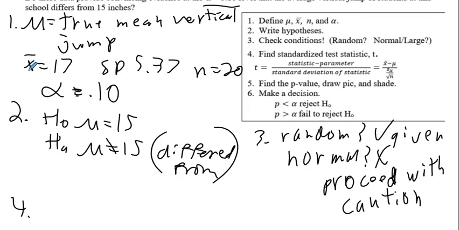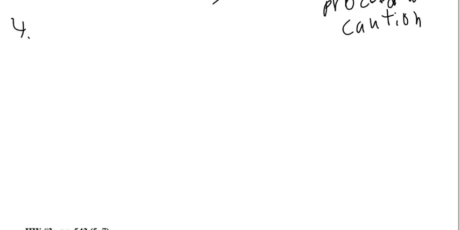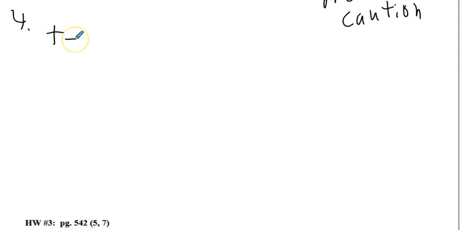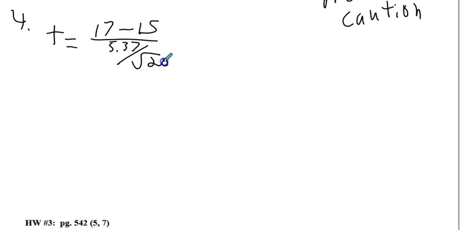Number 4, we just do our math. T equals our X bar minus our mu, divided by standard deviation, which is also divided by the square root of 20. That gives us a degree of freedom of 19. When I type that in my calculator, I get 1.67.